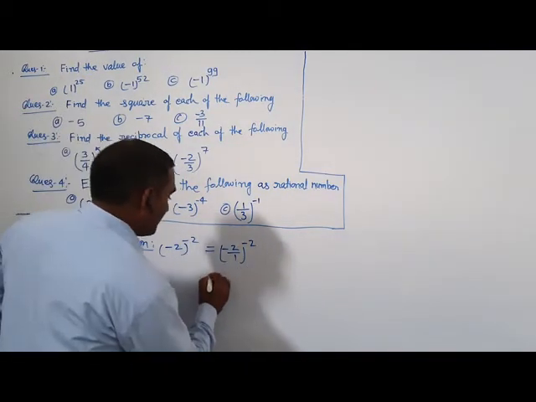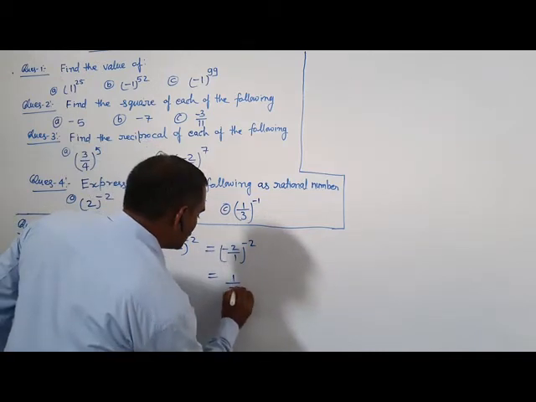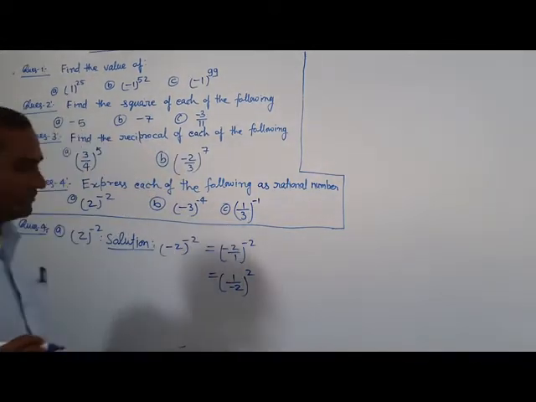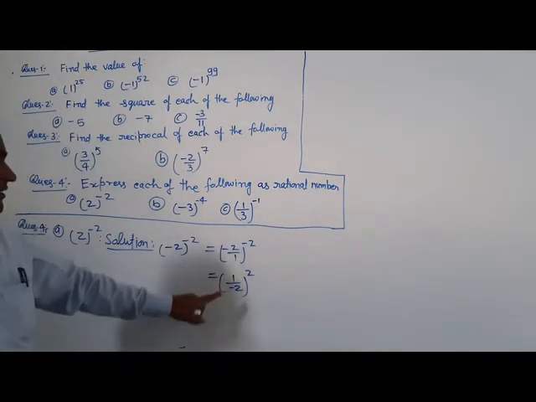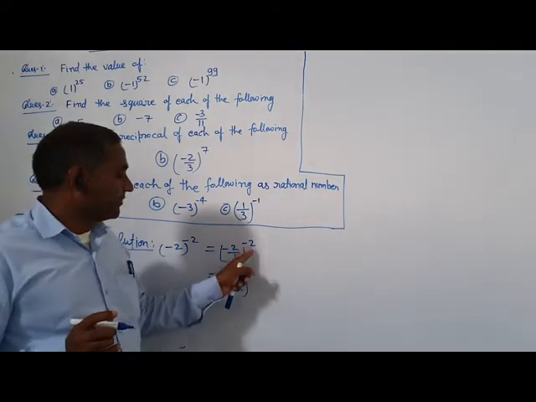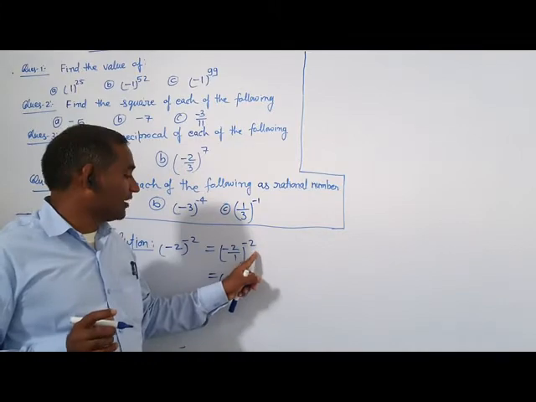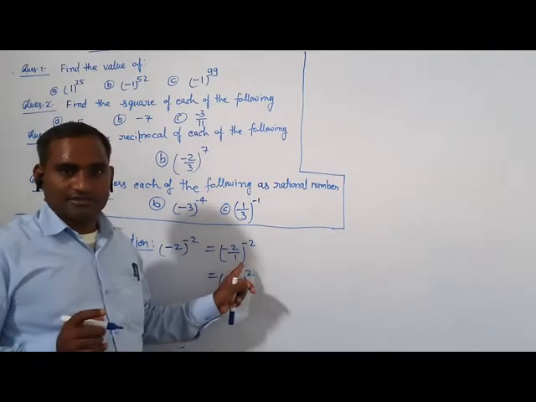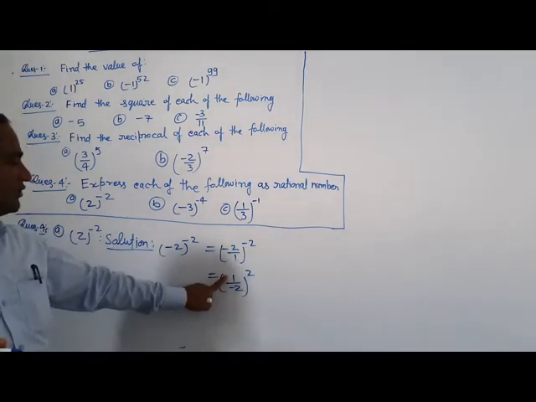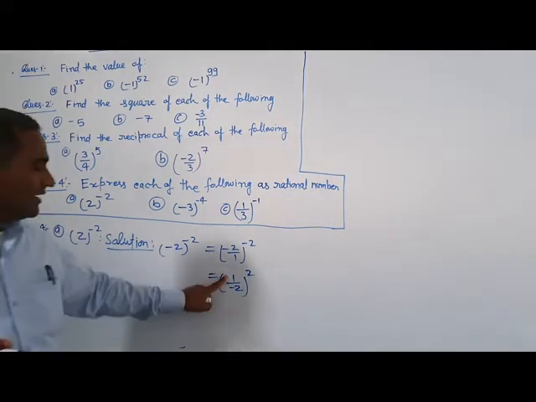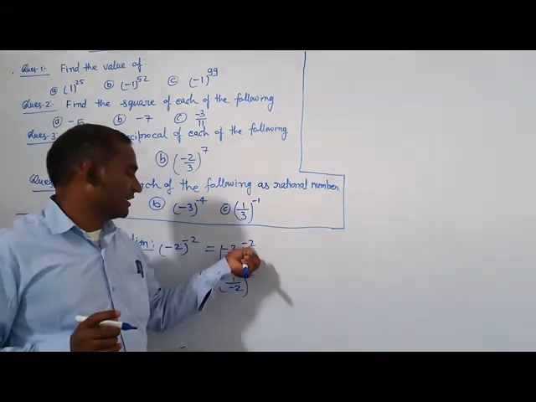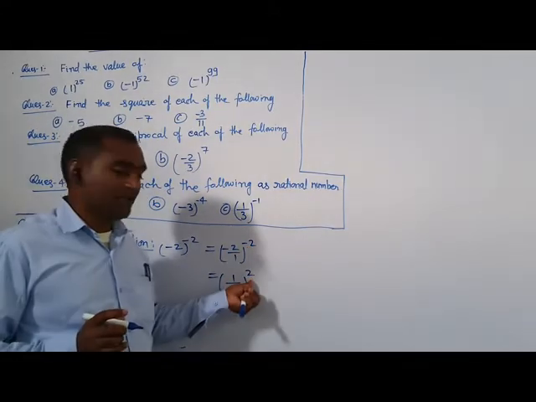Here it becomes 1 by minus 2 raised to the power 2. The power was negative, but after interchanging numerator and denominator, the sign of the power is positive.